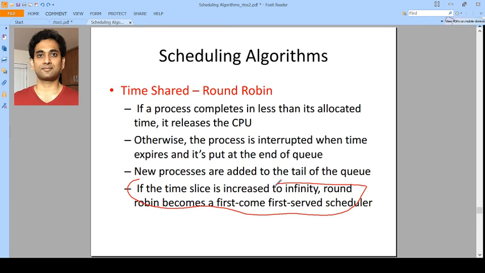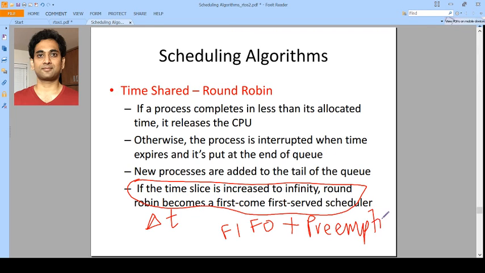If the time slice delta t is increased to infinity, round robin becomes a first come first served scheme. So in that sense, they are very tightly related. A first in first out scheme with preemption is a round robin scheme.